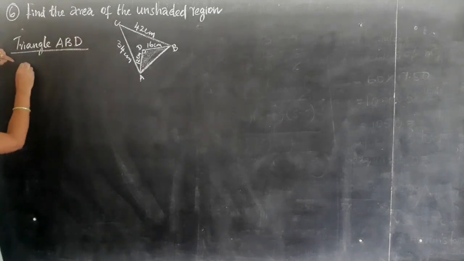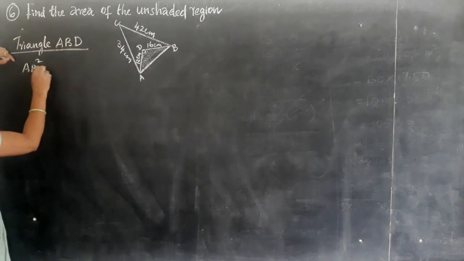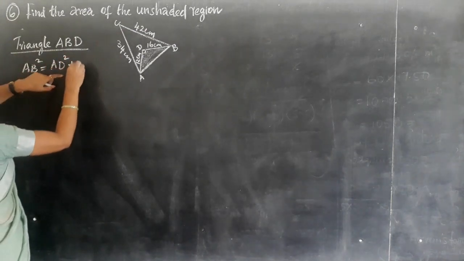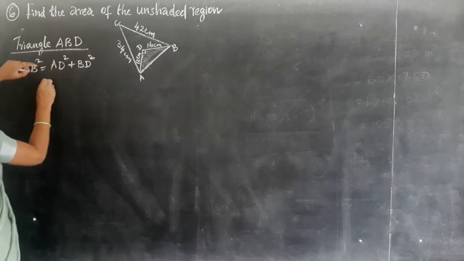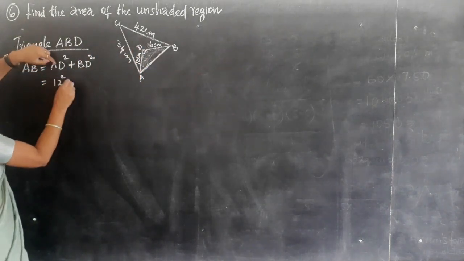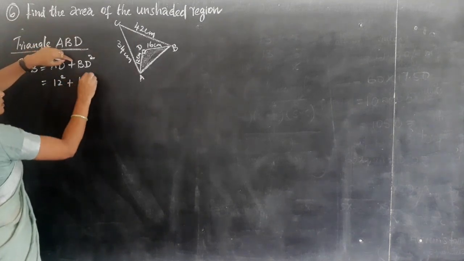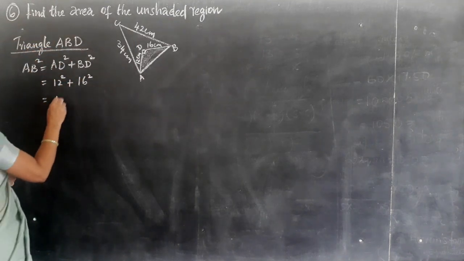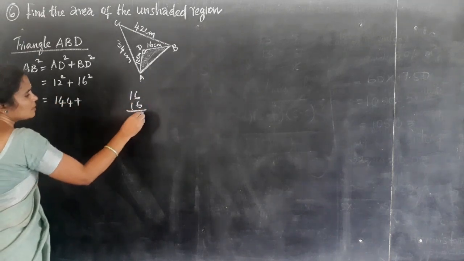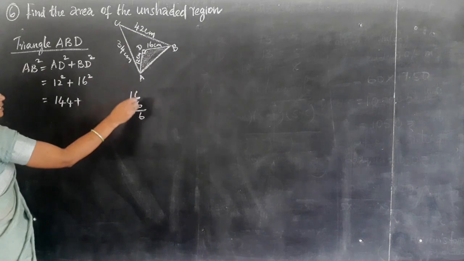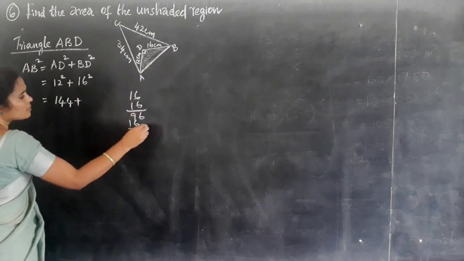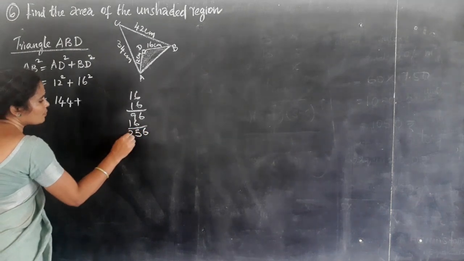So now here AB square is equal to AD square plus BD square. Hence it is a right angle triangle. Okay, now 12 square plus 16 square. So 12 into 12, 144 and 16 into 16. 6 6s are 36, remaining 3, 6, 9, 6, 1. 256.